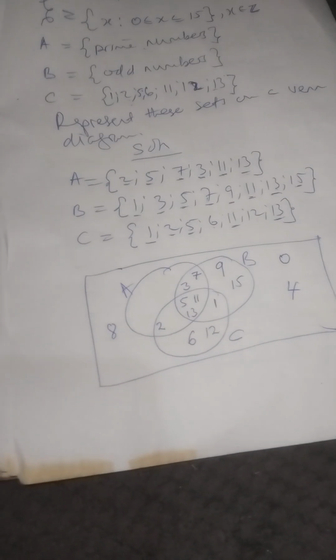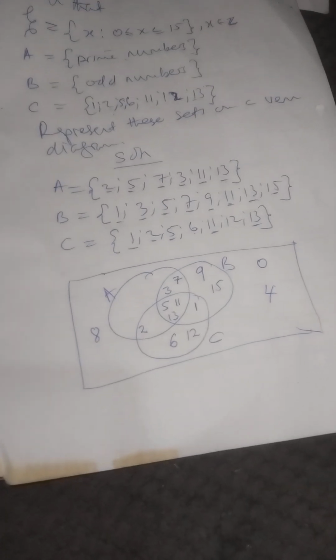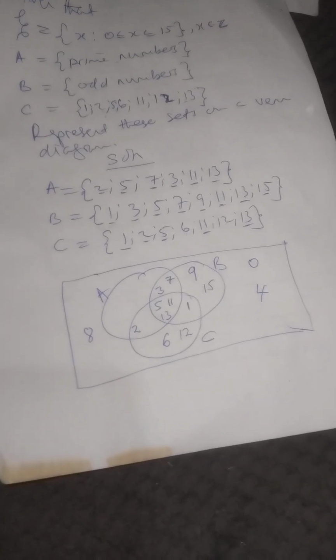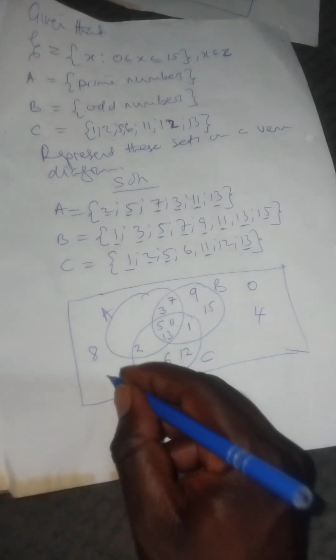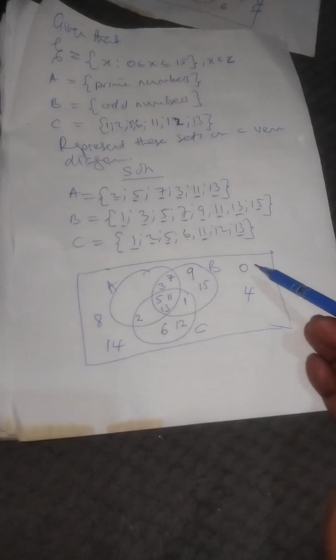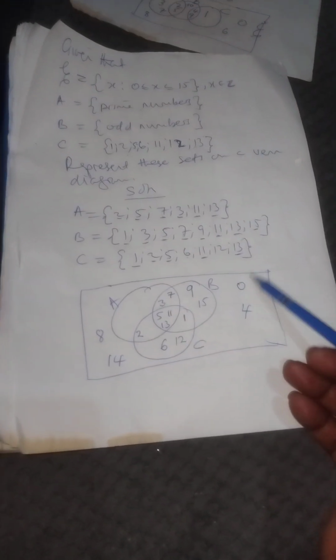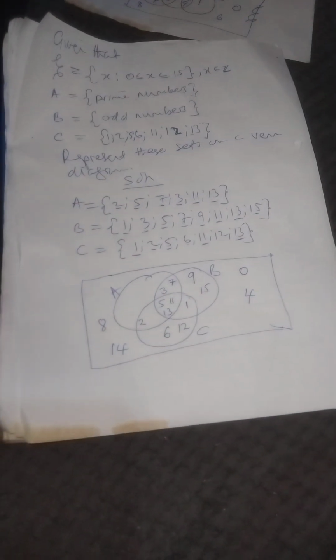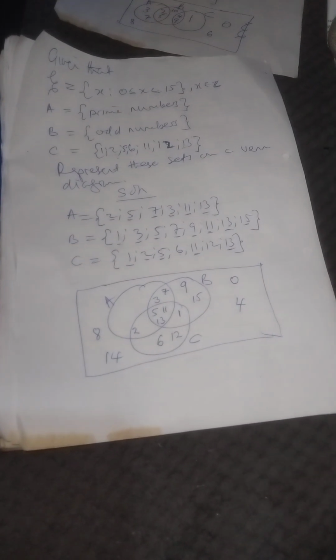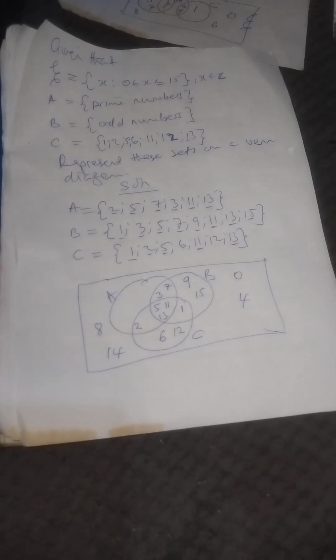Record it. 9, 10, 11, 12, 13, 14. So these are all the remaining elements from the universal set, we write them outside our 3 subsets. So this is how we represent information on a Venn diagram.